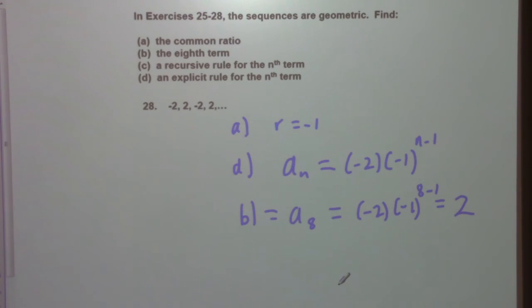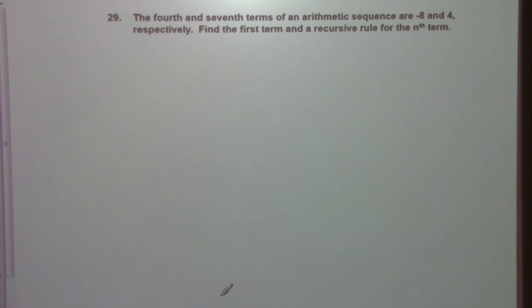All right. Okay, we're going to get on to the next set here. In the next set, we sort of have to work backwards a little bit.